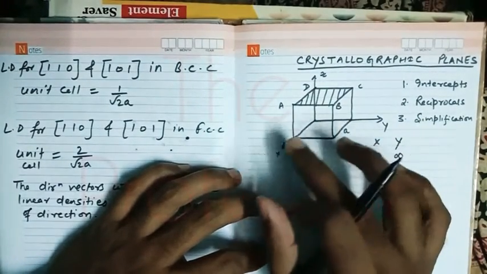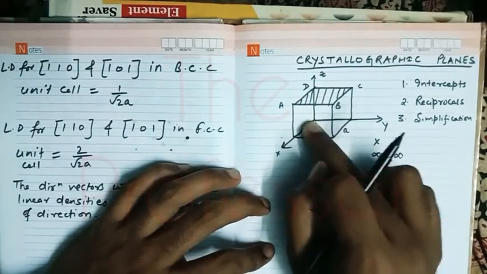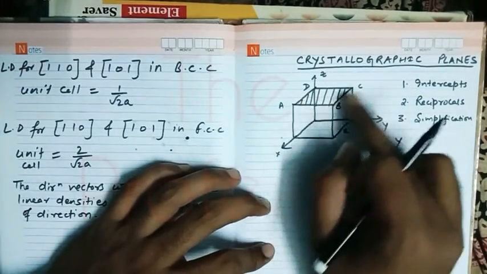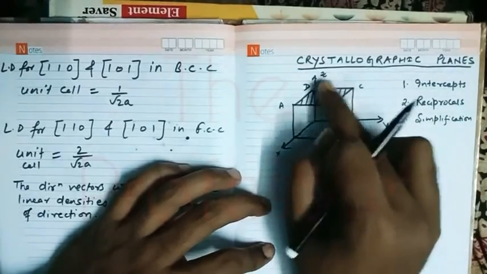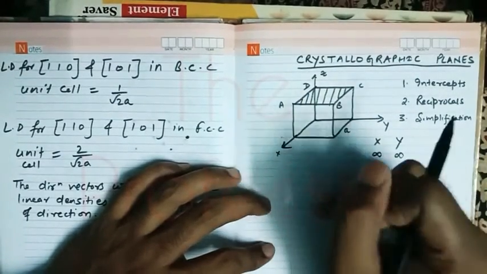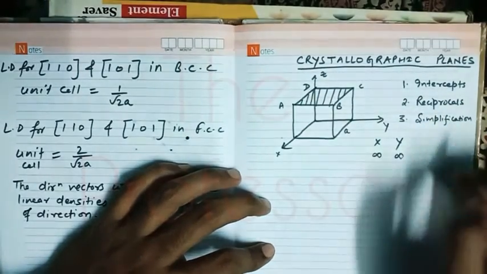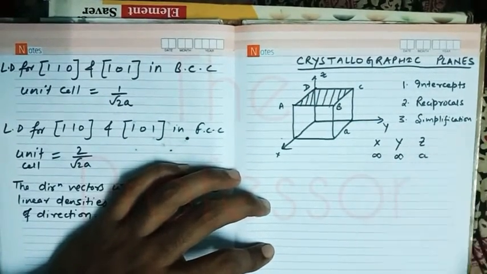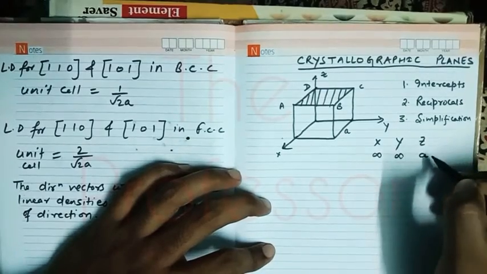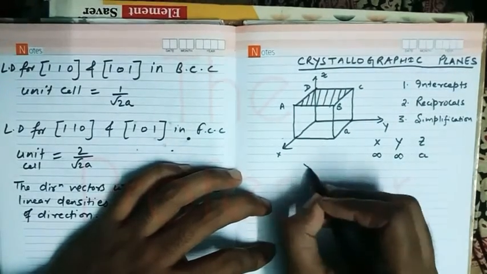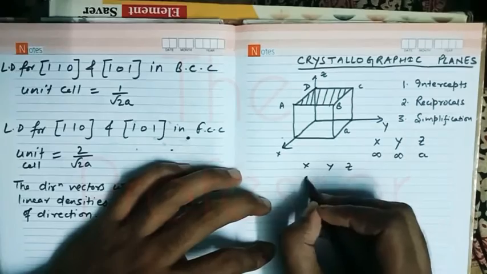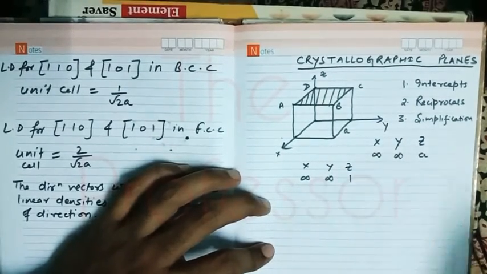It was not intersecting the x-axis, and it was not intersecting the y-axis because it was parallel to the xy plane. But this plane is intersecting the z-axis. And where is it intersecting the z-axis? It is intersecting at an intercept of a. So first of all, replace this a by 1. Okay, this is infinity, and this is 1.